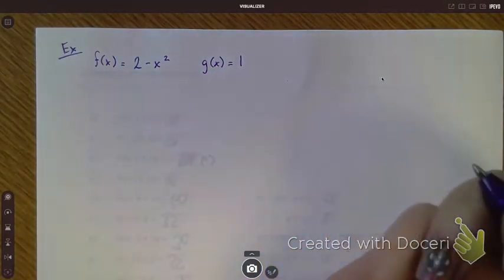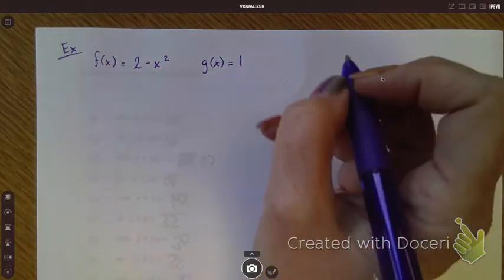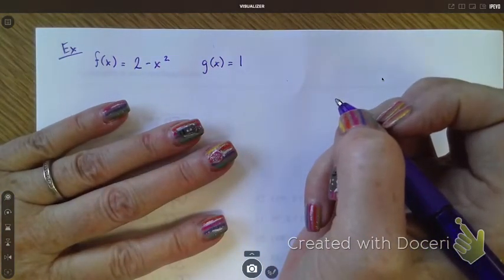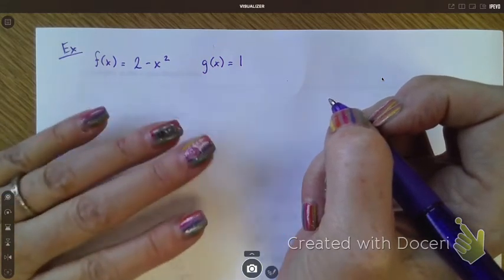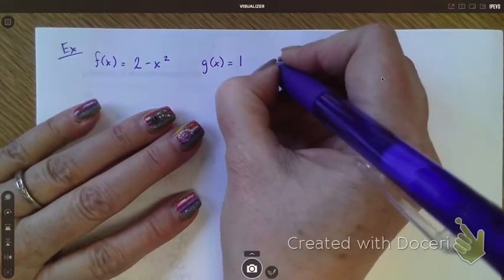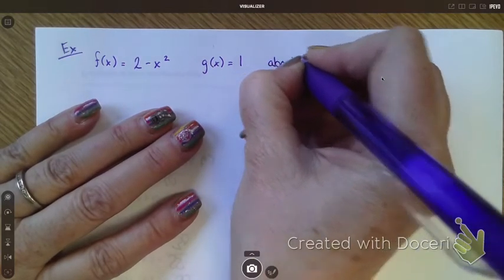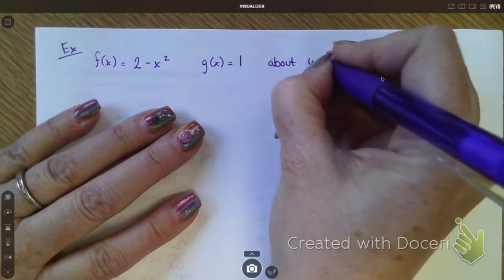So I gave you two equations, didn't I? Okay. And we will be revolving this region about y equals 1.